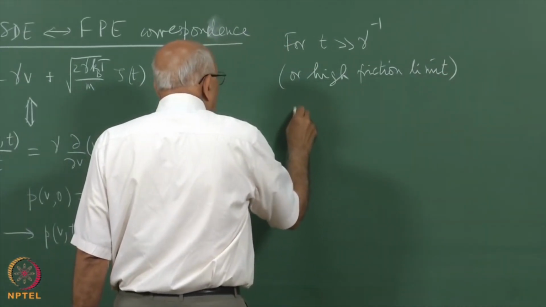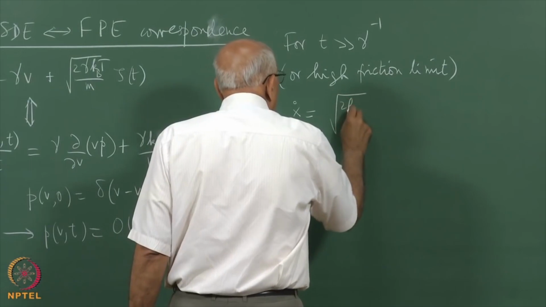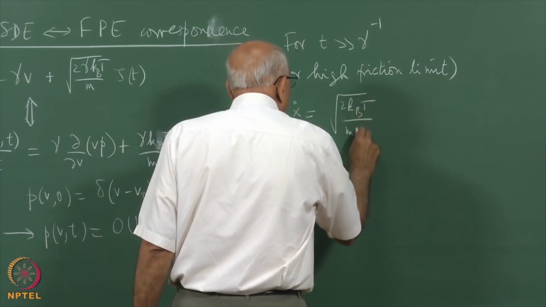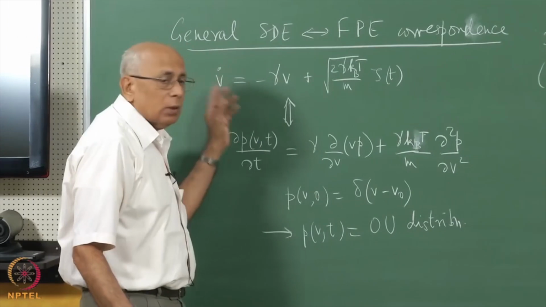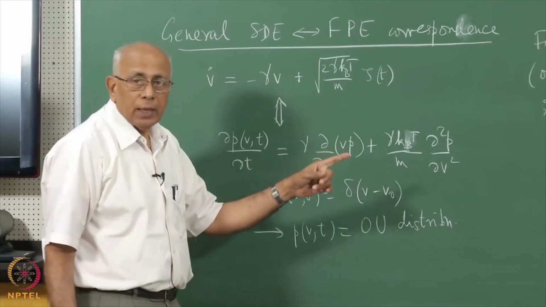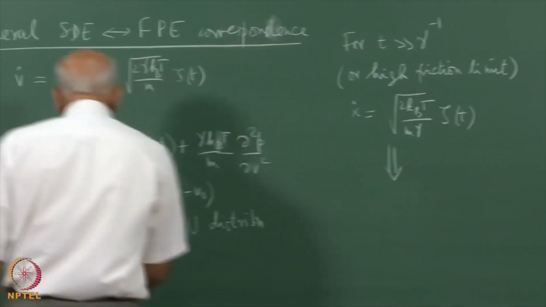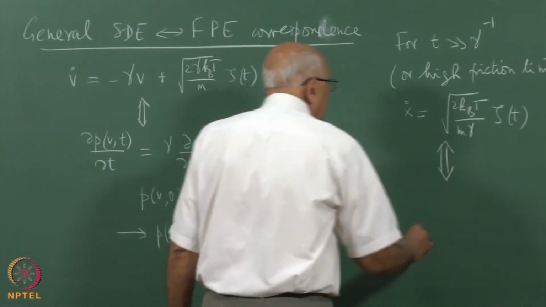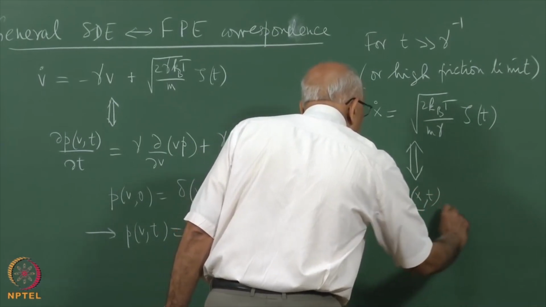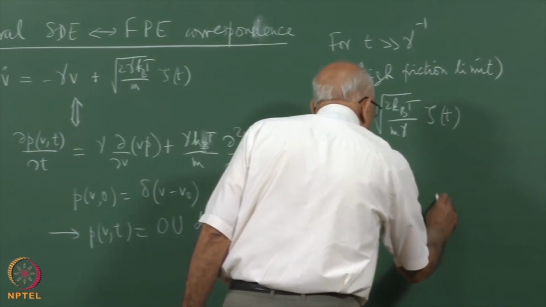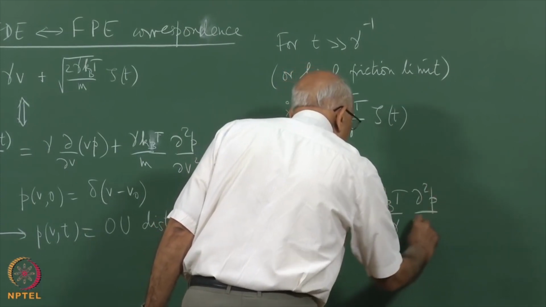We had x dot, that is V, equal to the same thing here, but square root of 2 k Boltzmann T over m gamma zeta of t, because this term was negligible and I took this on this side and brought the gamma down, and you ended up with that thing here, which then implied, just as this automatically implied it, back here you have delta P of x, t over delta t equal to k Boltzmann T over m gamma d2P over dx2.